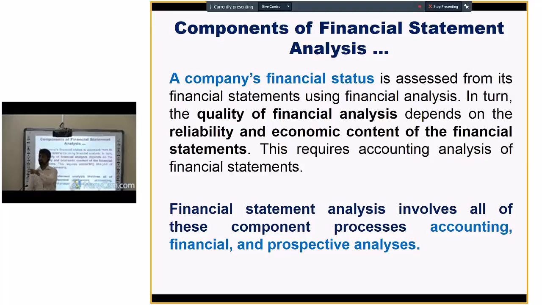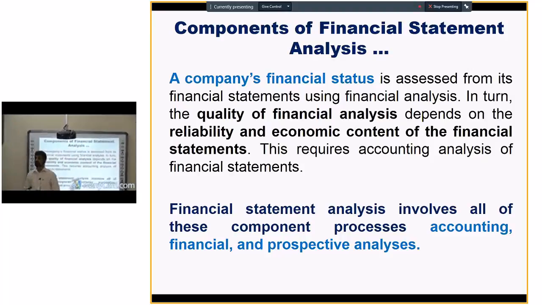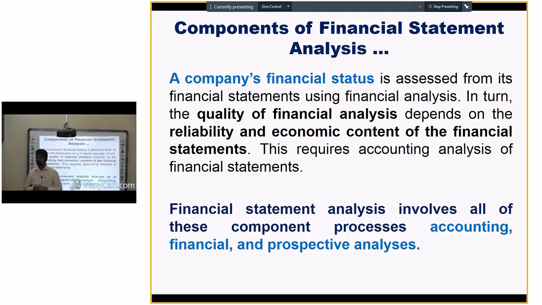That is also one research area. Again, the relationship between market information and accounting information, or the impact of accounting information and economic information on stock prices or stock returns, right? A very popular research area.